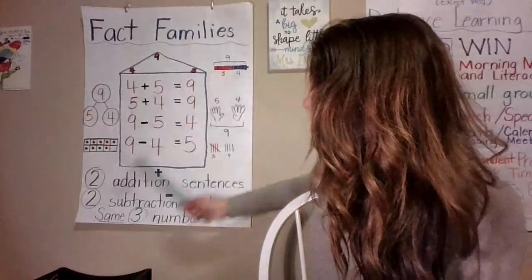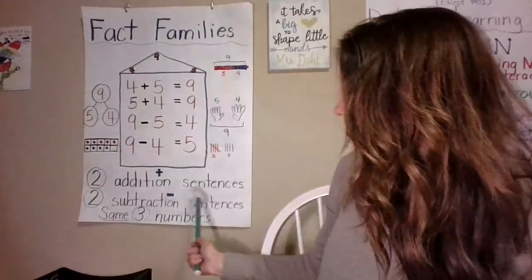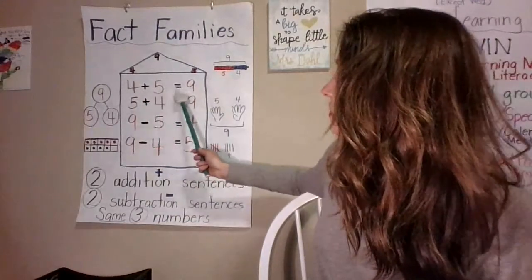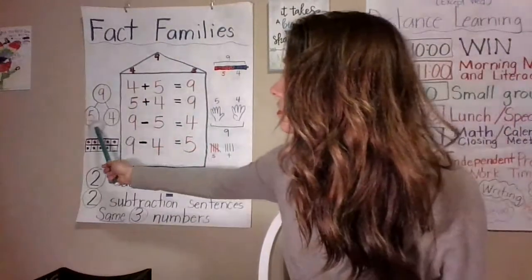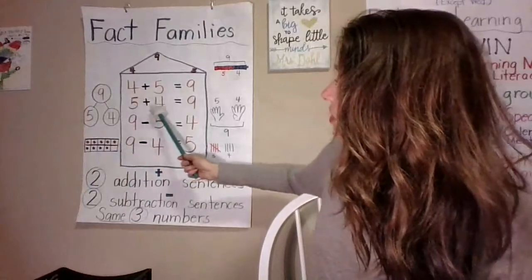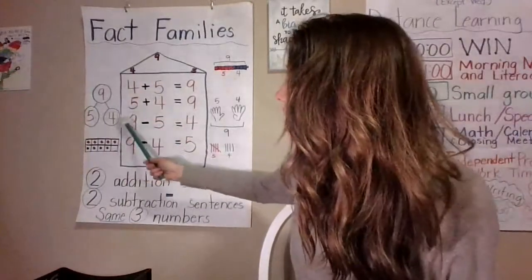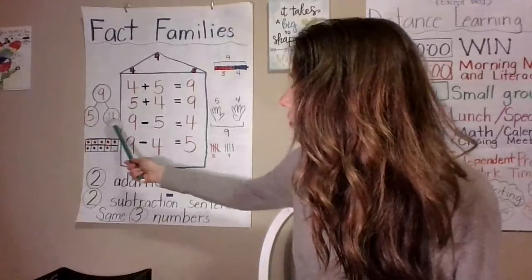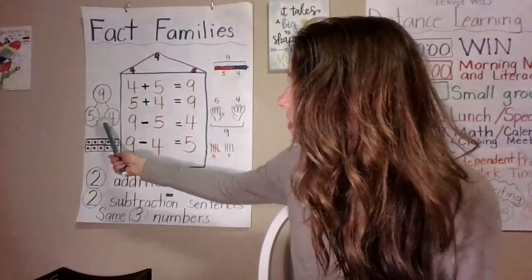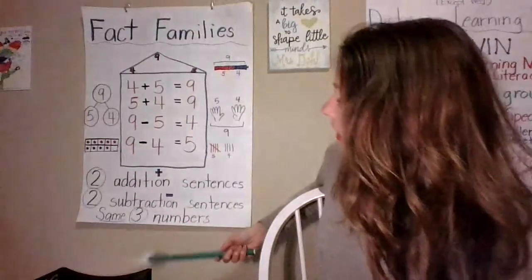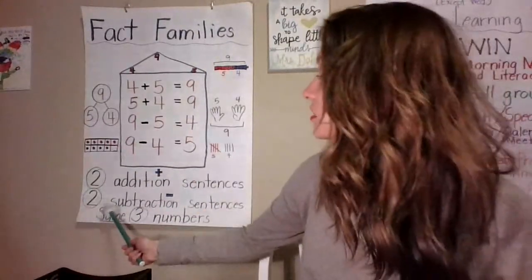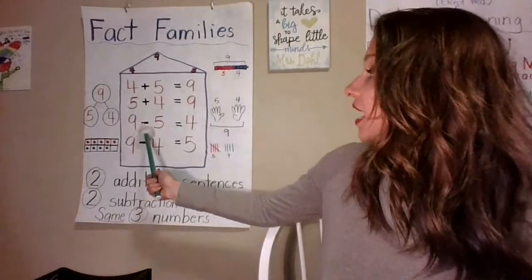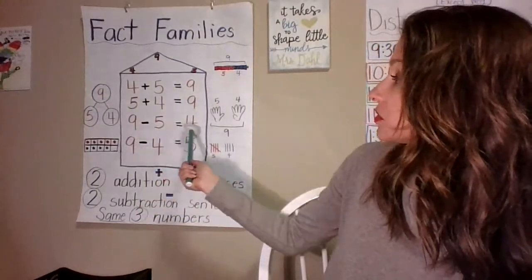A fact family has 2 addition sentences. You can see them here. 4 plus 5 equals 9, and 5 plus 4 equals 9. Again, we can switch our addends or our parts around, because either way together they both still make 9. Fact families also have 2 subtraction sentences. Here I have 9 minus 5 equals 4.